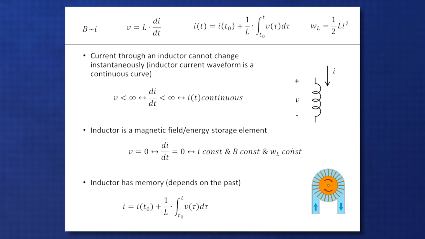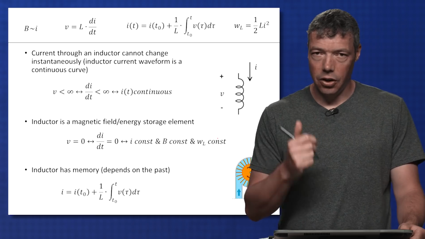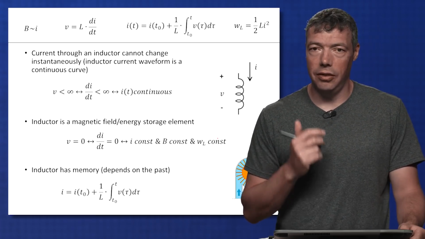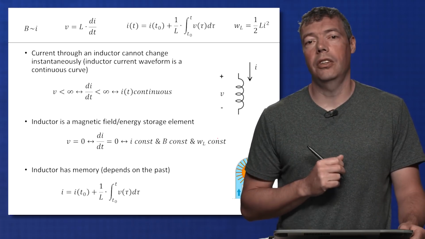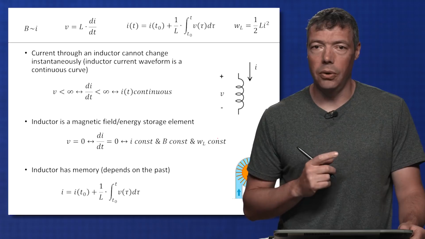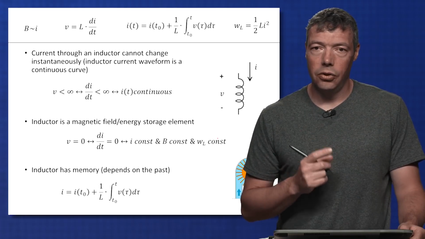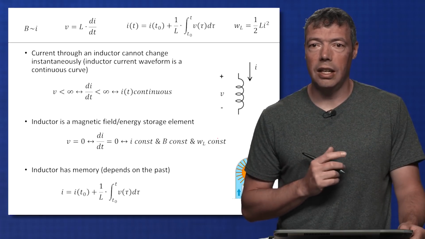Okay, so let's summarize what you know about inductors. The current through an inductor cannot change instantaneously. That means that the current waveform has to be continuous. Number 2, an inductor stores energy, and it does that in the magnetic field.